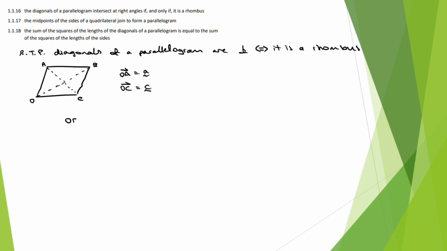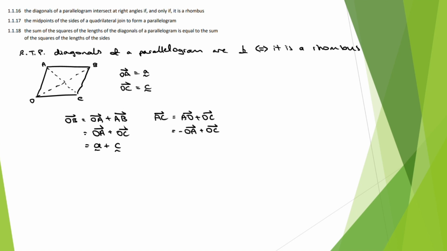Now if we look at OB, OB is equal to OA plus AB. Because we're dealing with a parallelogram, we know that AB and OC are parallel to each other and of the same length. So AB and OC are equivalent vectors. So we can rewrite this as OA plus OC, which is equivalent to A plus C. Now if we're dealing with AC, we're dealing with AO plus OC, which is the same as negative OA plus OC.